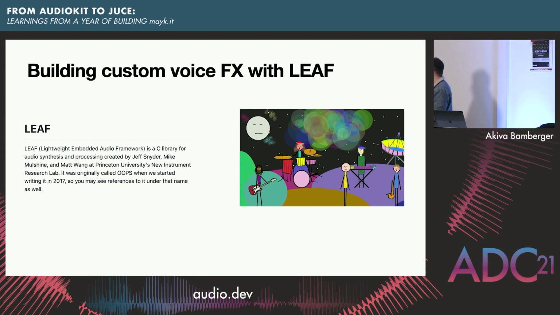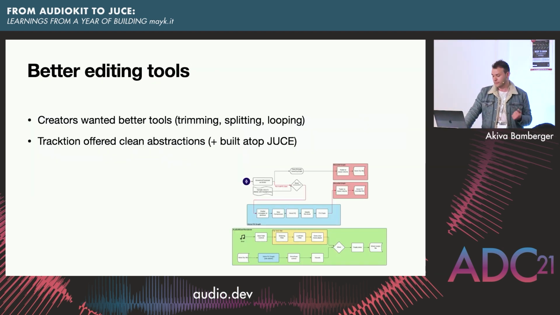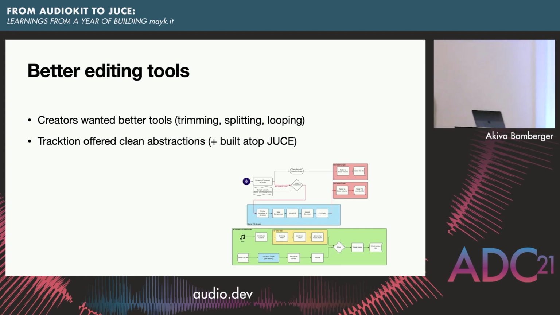If you haven't played with LEAF, or if you're looking for something that might be fun to help bootstrap your DSP code, it helped us build a lot of effects really quickly. But it's also just a simple C library. Cool. So vocal effects we had. We started writing a lot of vocal effects. Now the other piece of the puzzle was how do we create better editing tools?